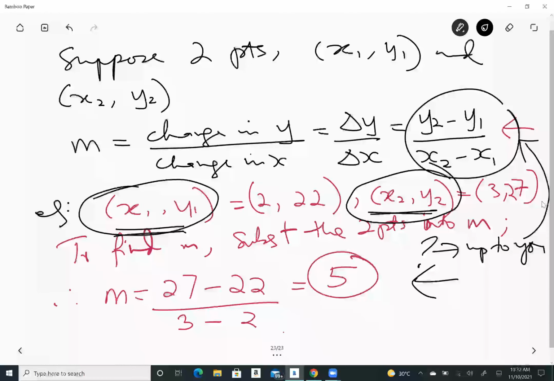So if you say the other way around, x2, y2 is 2, 22, x1, y1 is 3, 27, then you subtract 22 minus 27, and you should not divide by 3 minus 2. You should divide by 2 minus 3. So the choice is up to you.